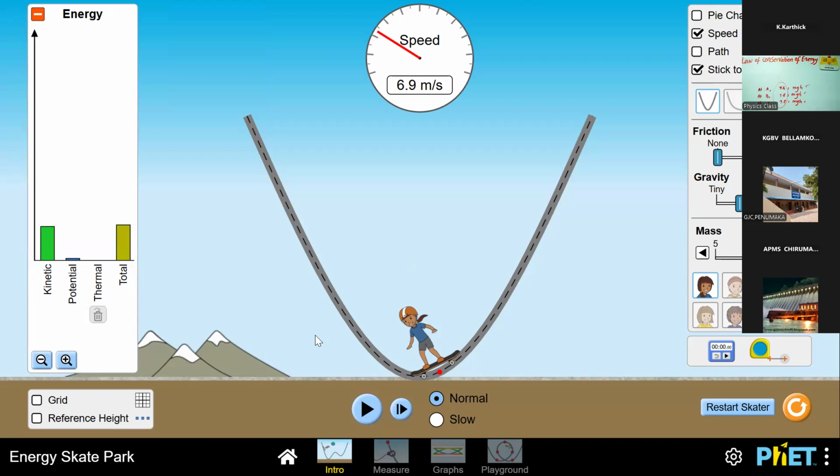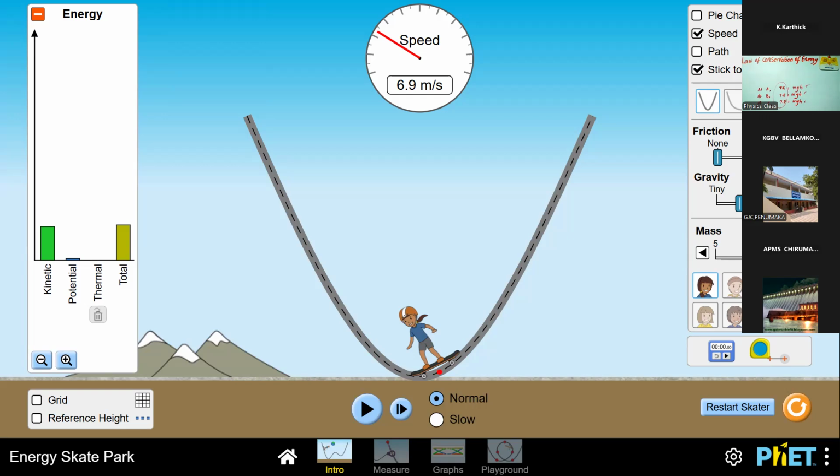We are going to use this situation, and we are going to keep the mass. We don't change the mass. Mass is now 60 kg, one normal person's weight, and friction is zero. We start off with friction at zero.